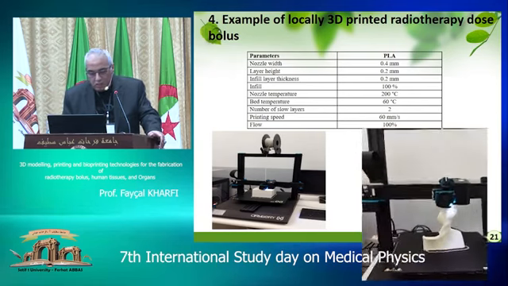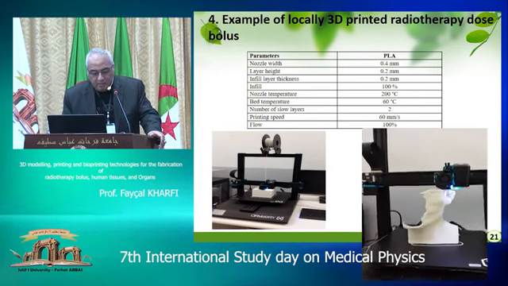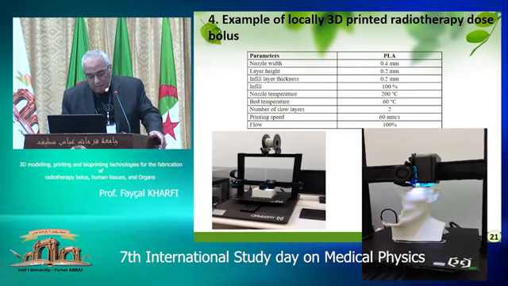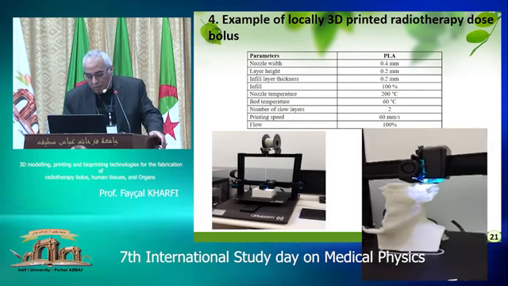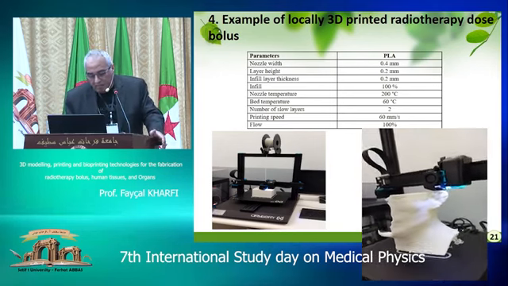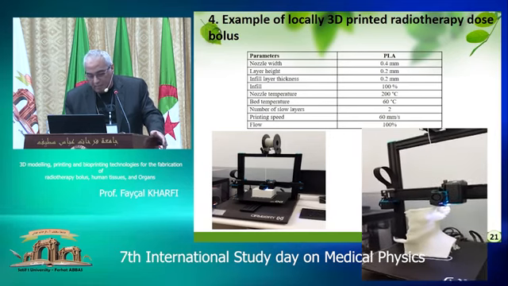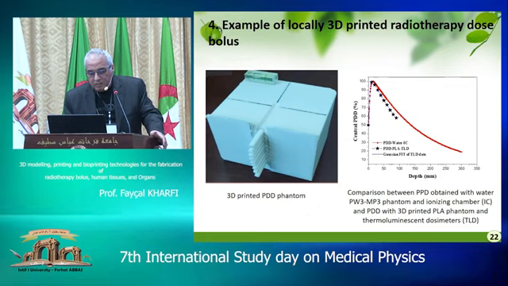So when we finish the 3D printing of the phantom to be used for the dose in-depth checking, and after that, if everything is okay, the bolus itself is printed. So let's move now to the presentation of the main results.